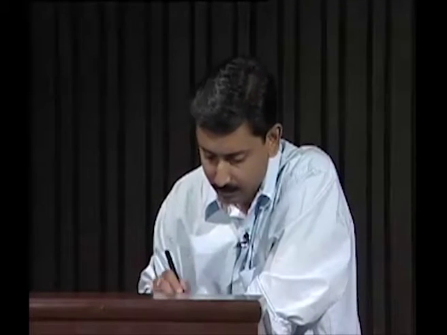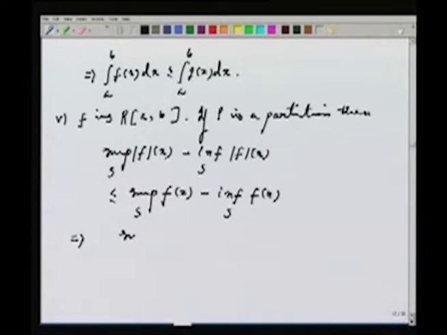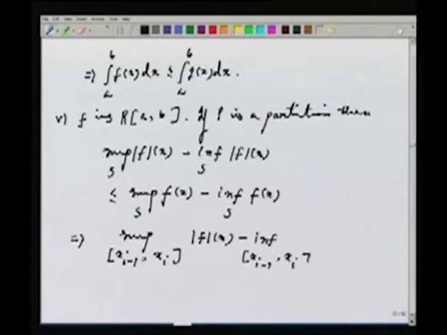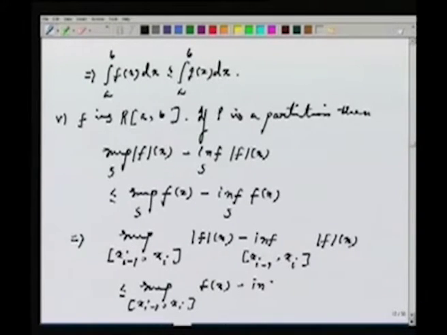So this then implies that the supremum over the set [x_{i-1}, x_i] of mod f(x) minus the infimum over the same set [x_{i-1}, x_i] of mod f(x) is less than or equal to the supremum over [x_{i-1}, x_i] of f(x) minus the infimum over [x_{i-1}, x_i] of f(x).